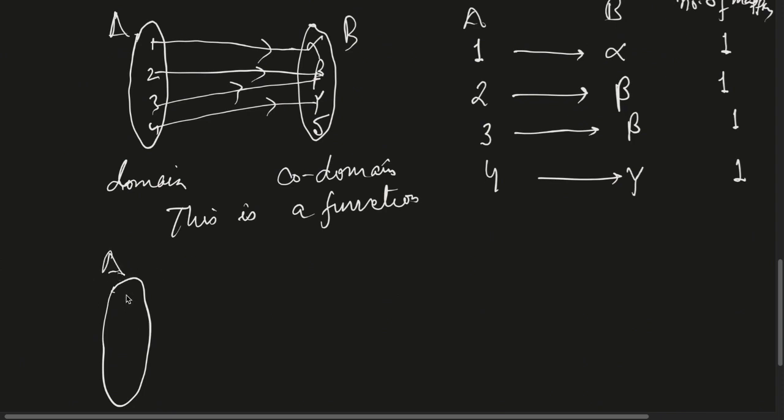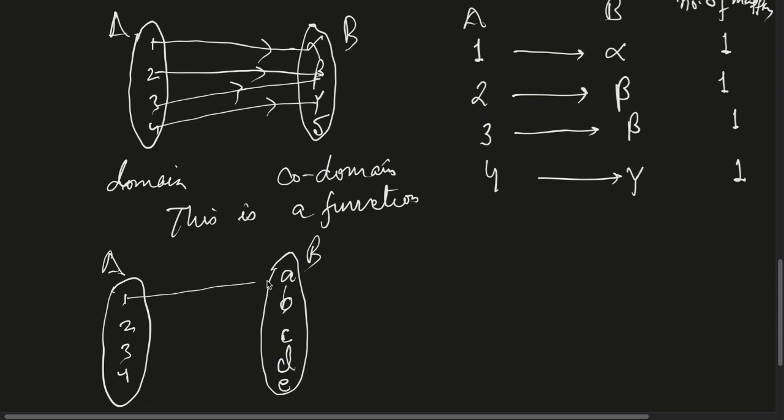Again, let us assume set A as 1, 2, 3, 4, and let us assume set B, where we will see A, B, C, D, E. Now 1 is being mapped with A, 2 is being mapped with, let us say, B, 3 is being mapped with C, 4 is being mapped with D, and let us also assume an element 5 in set A. And 5 is not being mapped with any element.